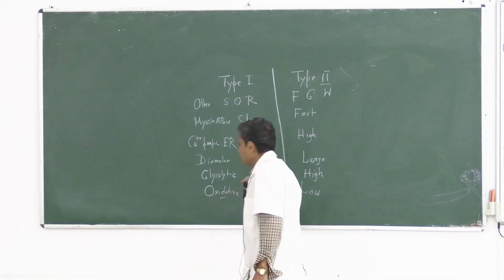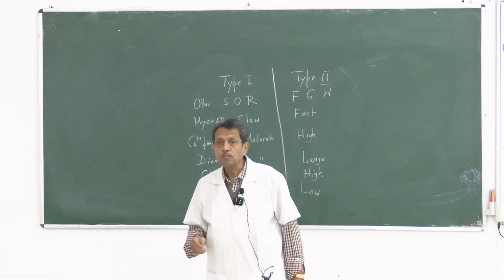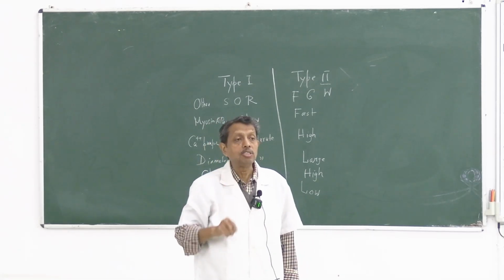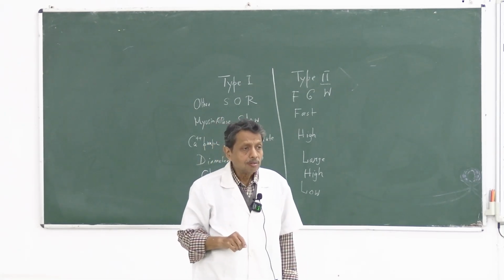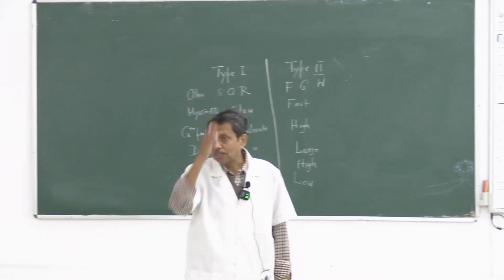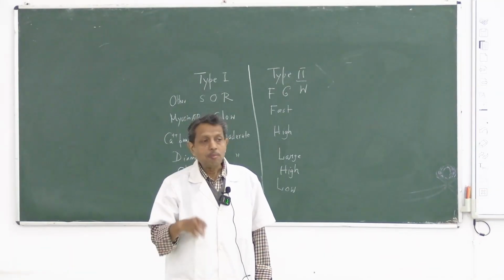Glycolytic means, glycolysis is from what to what? Glucose to pyruvate. There are some steps and also some liberation of ATP.